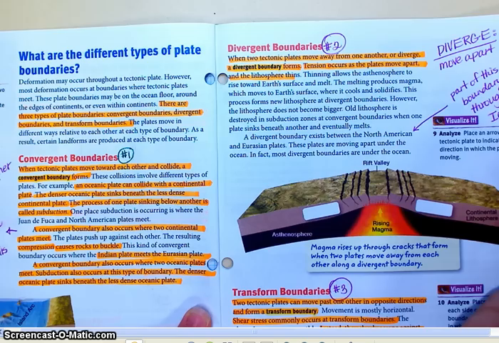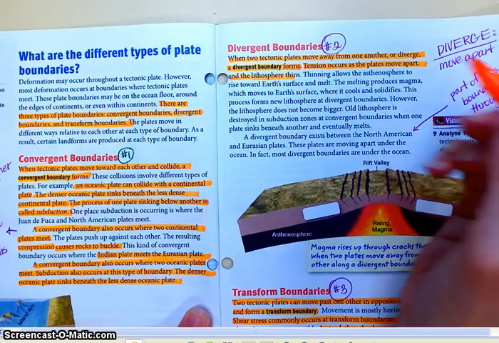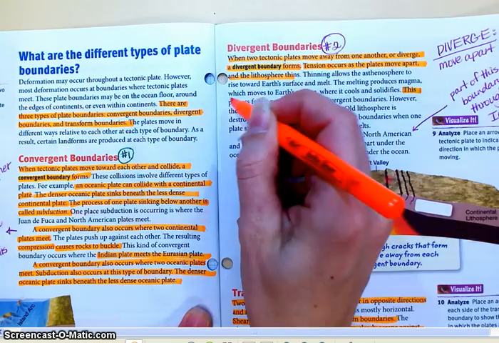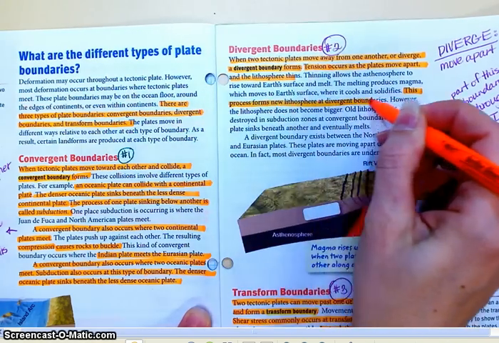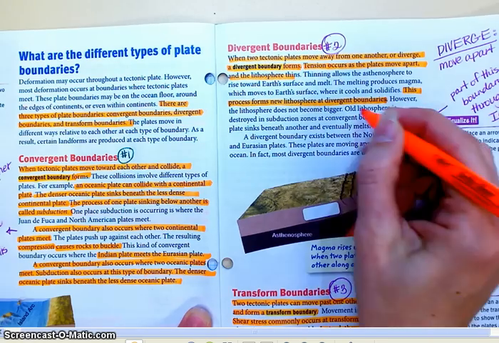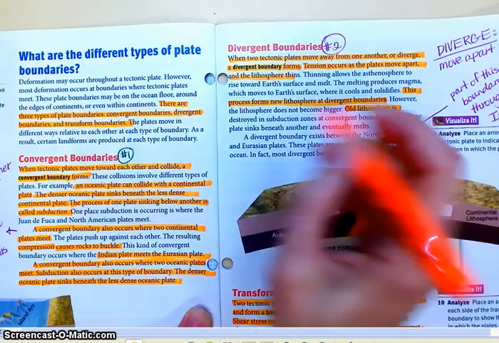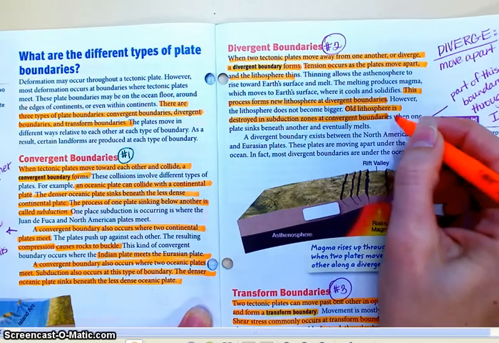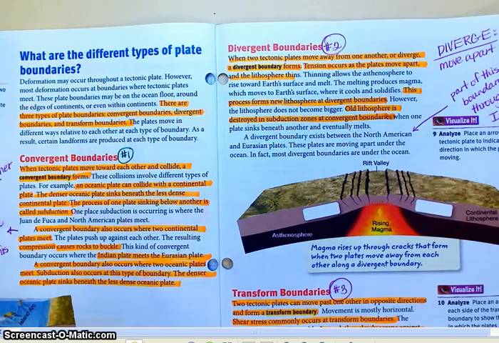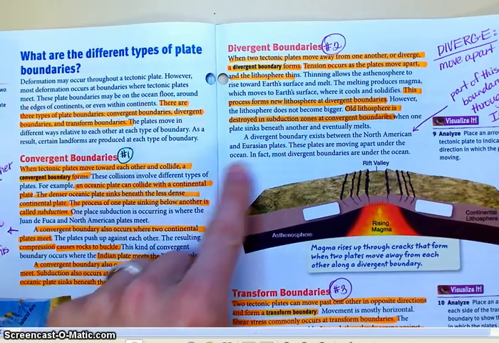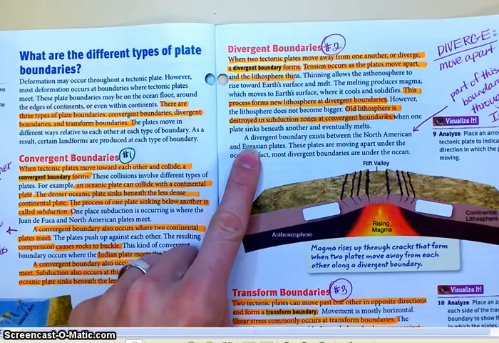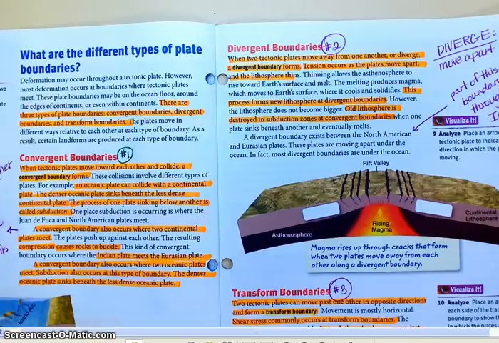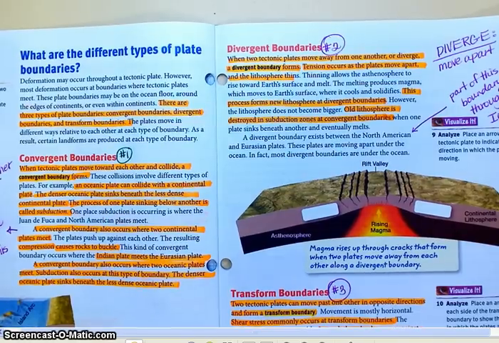Okay? All right, so we have new lithosphere being formed at divergent boundaries, and old lithosphere being destroyed in subduction zones at convergent boundaries. We have a divergent boundary that exists between the North American and Eurasian plates. These plates are moving apart under the ocean.